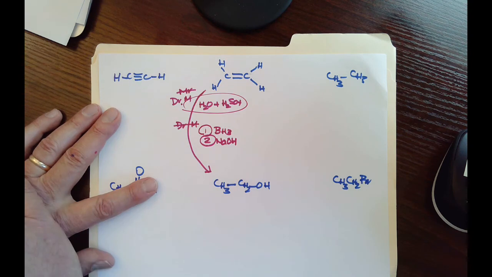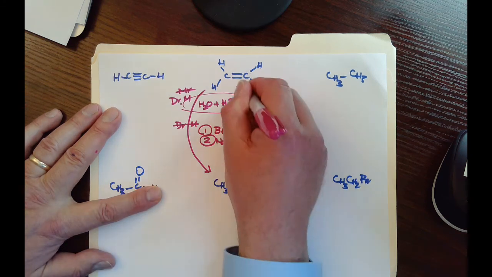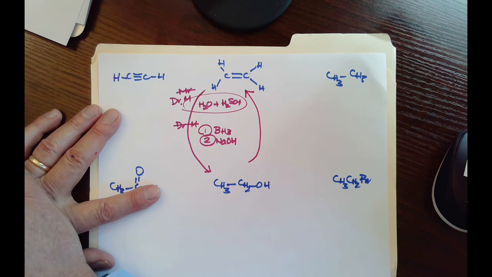Now, how did we go from alcohol to alkene? We basically made OH a leaving group by adding acid. So typically we use an acid to go from an alcohol, with the same number of carbons, to an alkene.